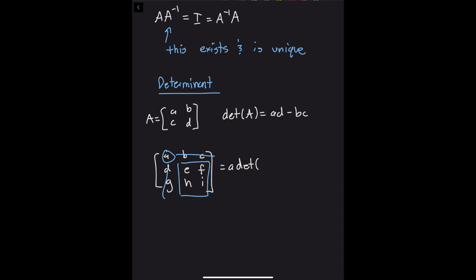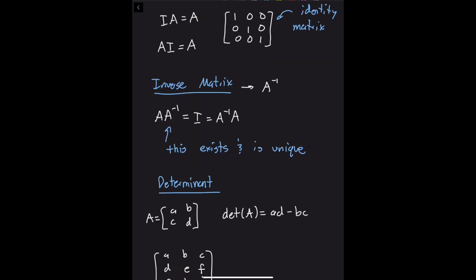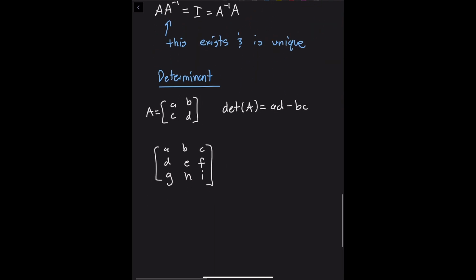And then we're going to do the same thing. Now we take B, and then now our submatrix is kind of weird. It's like if we started it here and ended it here, and that's going to cause a minus sign because we're doing that. And then we're going to do the same thing where we select this and we do that.